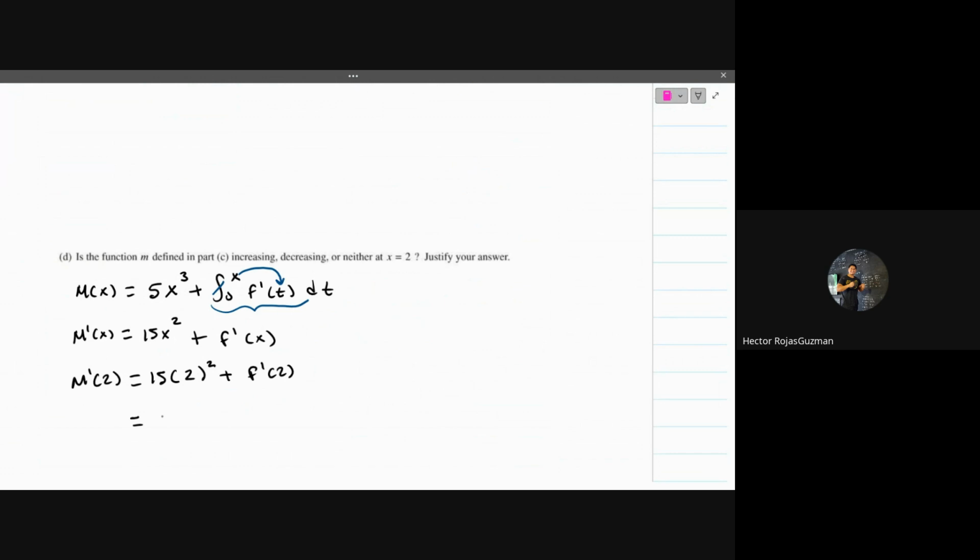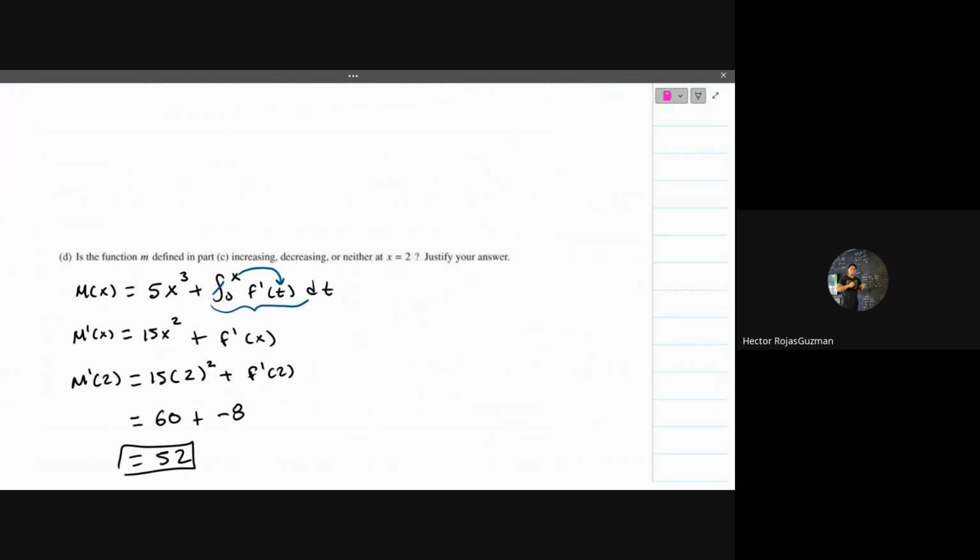Okay, the first part gives me 60. But the second part, we're going to need our table. F prime of 2 is negative 8, which is 52. All right. So we already know that the velocity here is positive, positive 52.